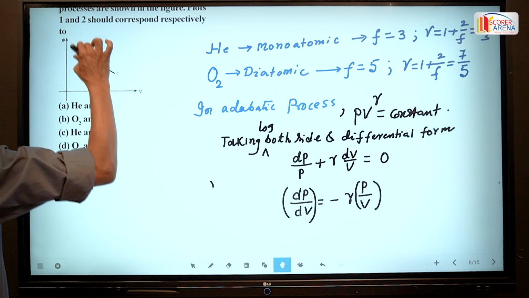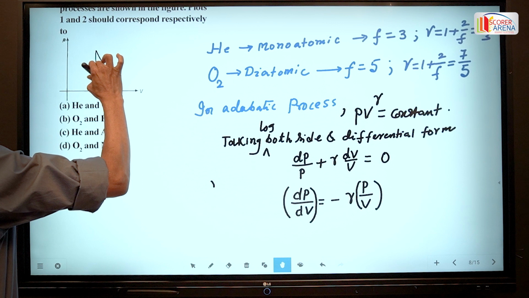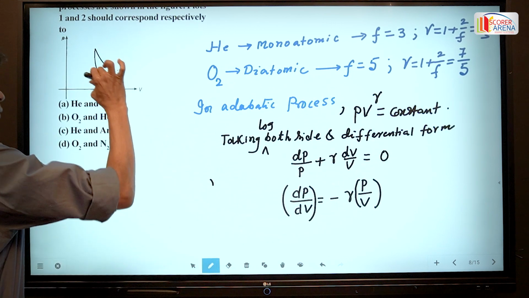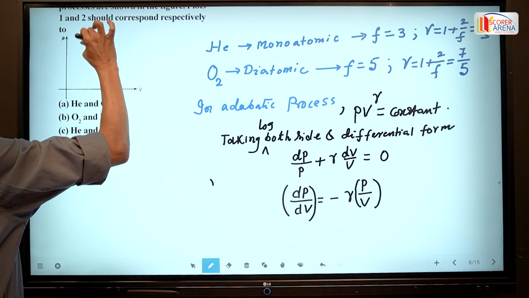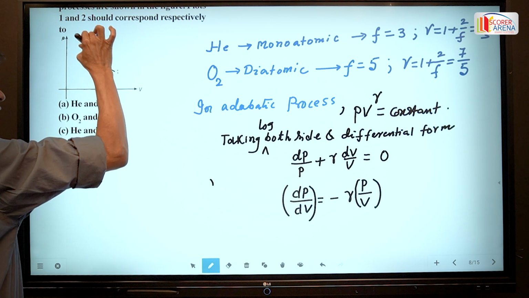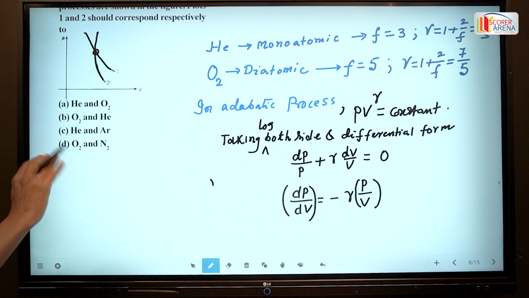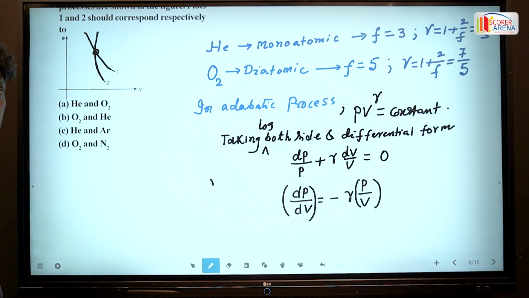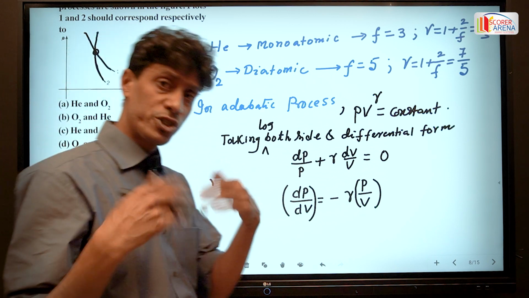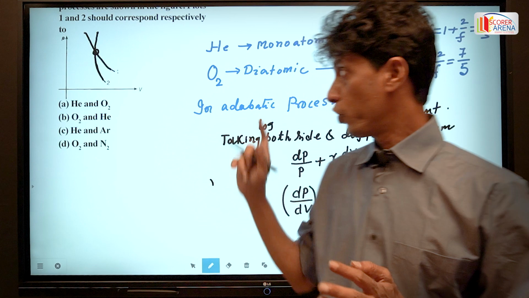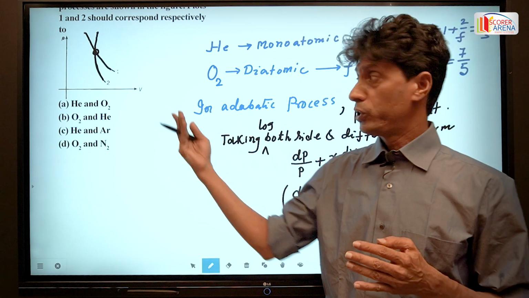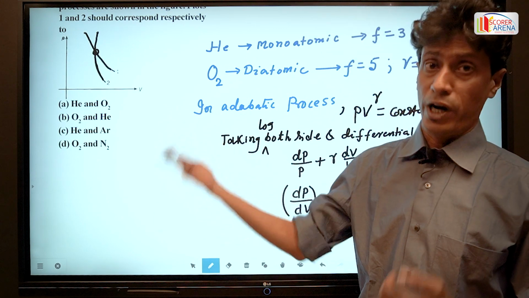Here there are two graphs, one graph is 2 and the other graph is 1. So from this graph we can say that graph 2 is stiffer than graph 1. The slope of graph 2 is steeper than the slope of graph 1.